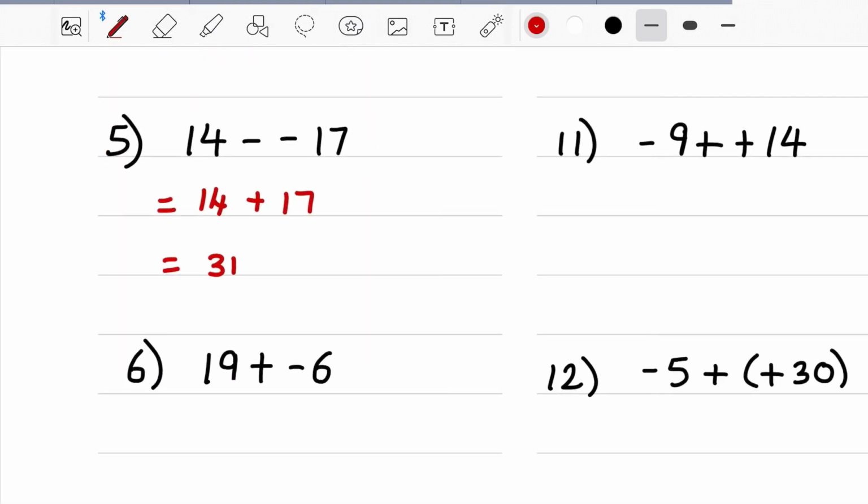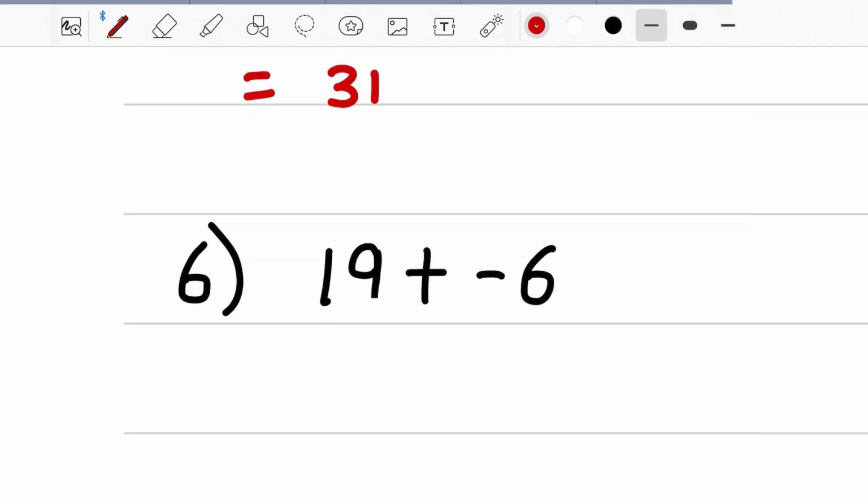Question 6. So we have 19 plus minus 6. Now these signs are different. So in the middle of these two numbers, we'll have a negative sign. 19 minus 6 is 13.